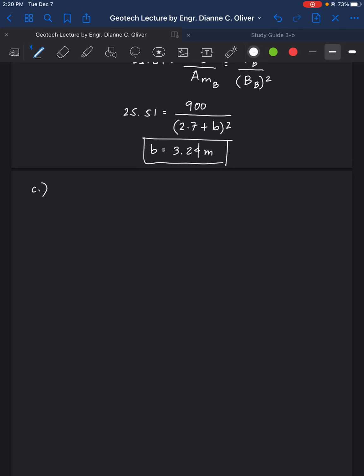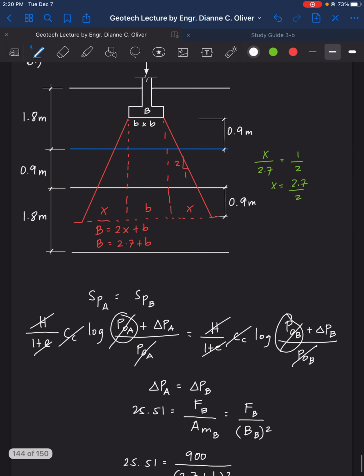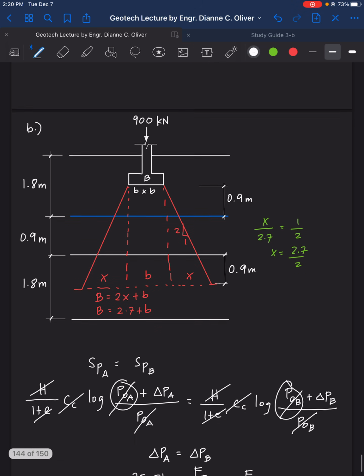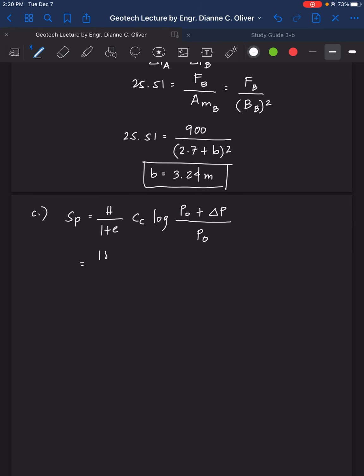So again, we are going to use the primary consolidation settlement, and that is equal to H over 1 plus E, CC log of PO plus delta P all over P sub O. Now that is equal to H of the clay layer. What's the H? 1.8. So 1,800 millimeters.